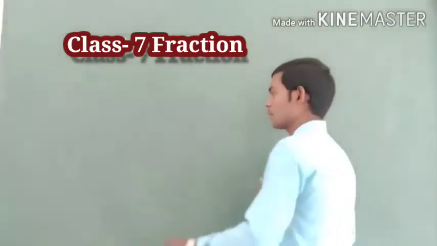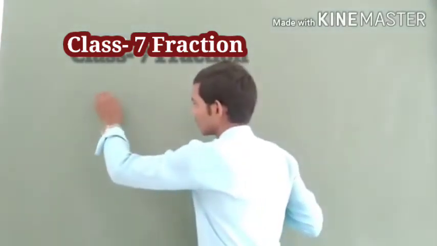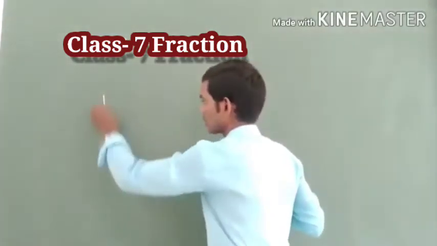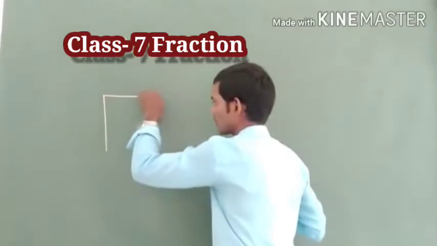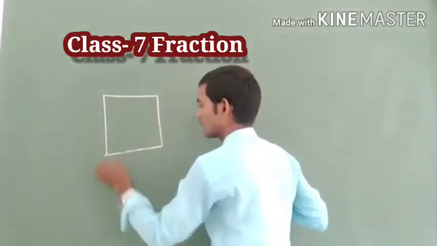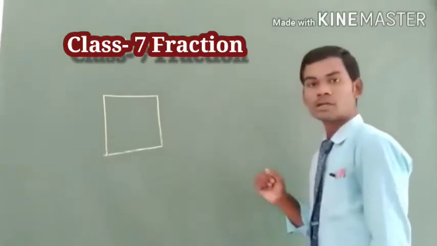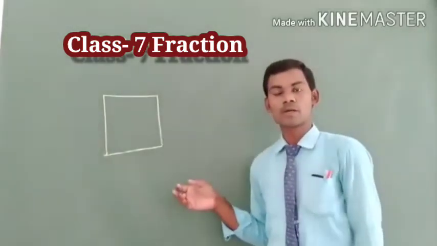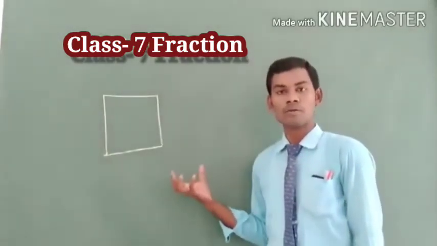For this, suppose that there is any object, suppose that this is a square, and here we can see that this figure is whole.